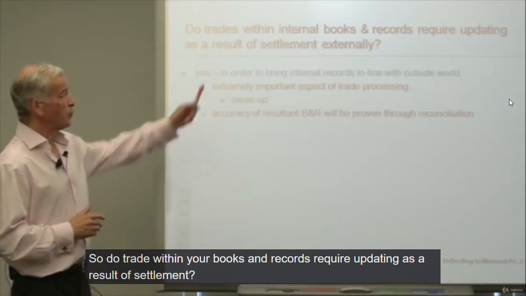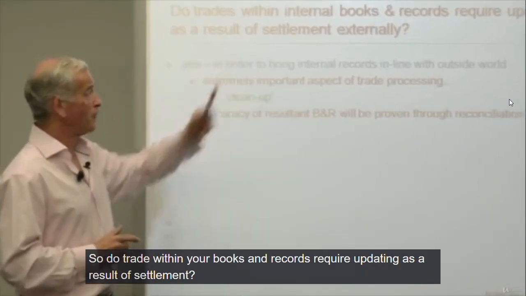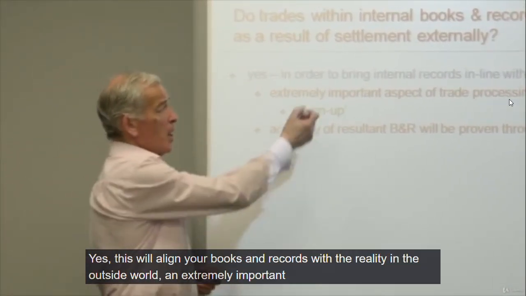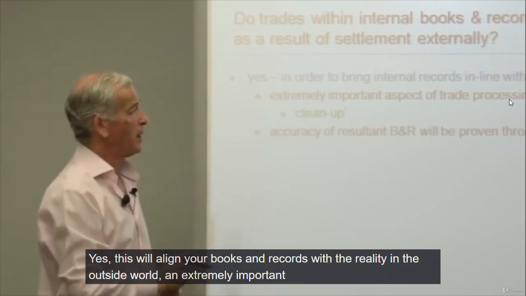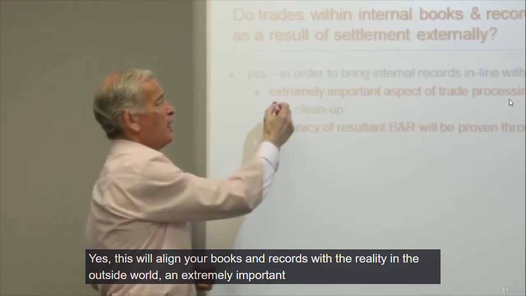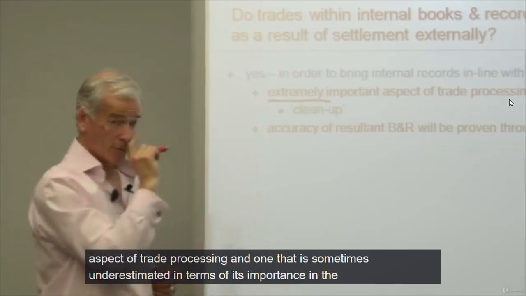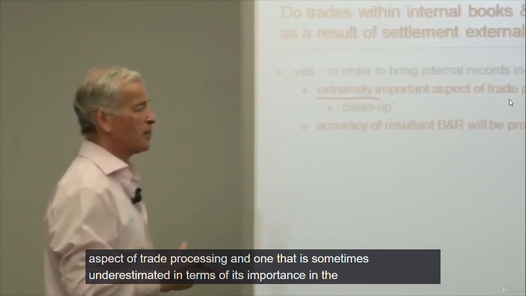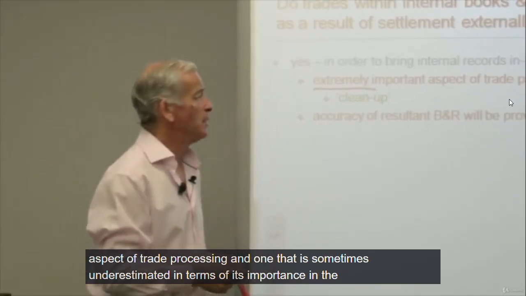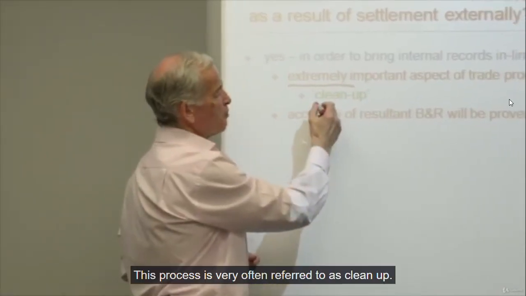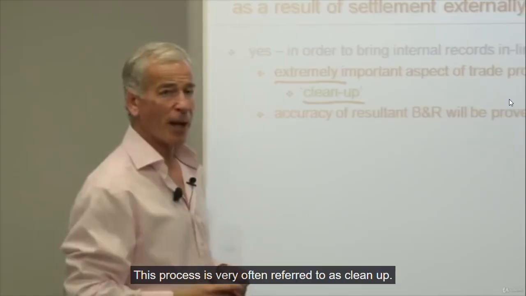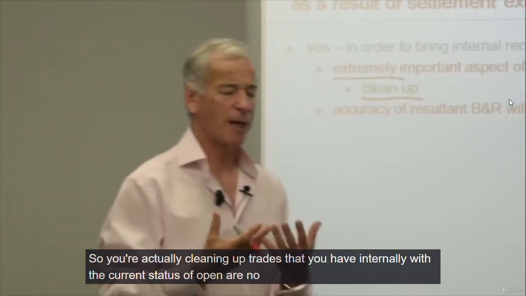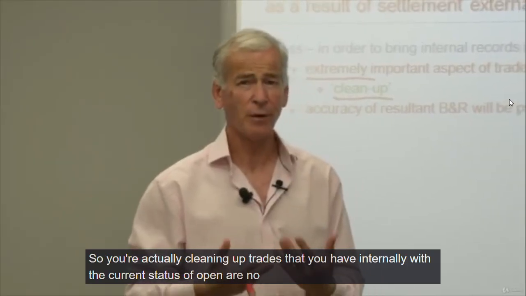So, do trades within your books and records require updating as a result of settlement? Yes. This will align your books and records with the reality in the outside world. An extremely important aspect of trade processing, and one that is sometimes underestimated in terms of its importance. In the US, this process is very often referred to as cleanup. So you're cleaning up trades that you have internally with the current status of open.